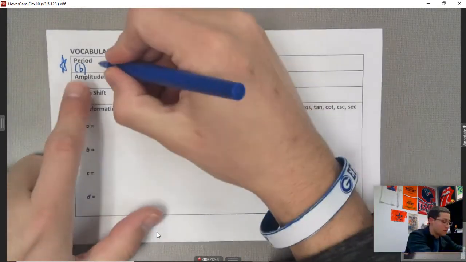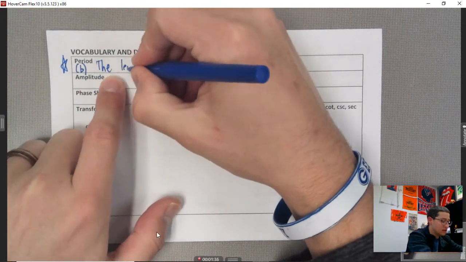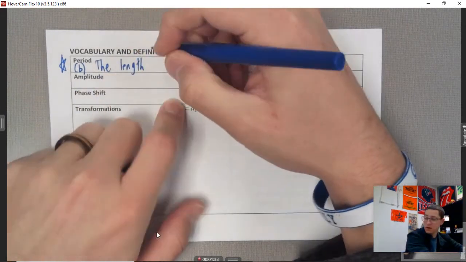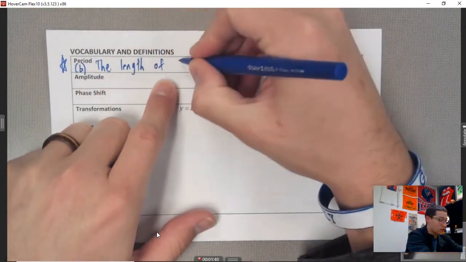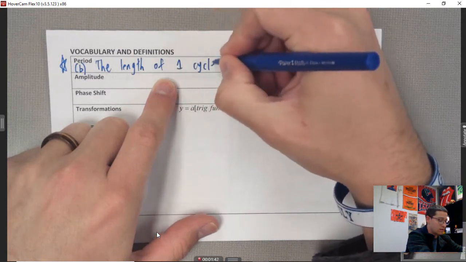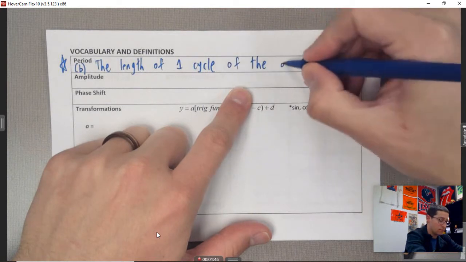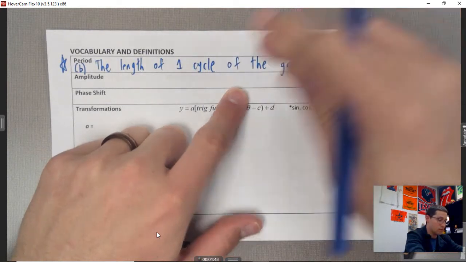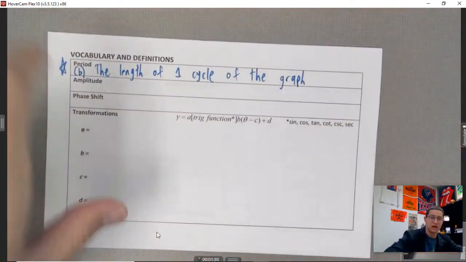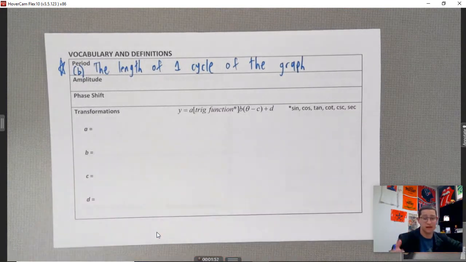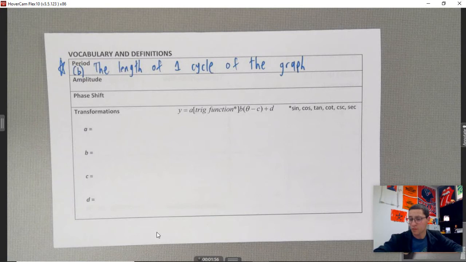This is the length of one cycle of the graph, and you will see what a cycle represents when we actually look at the parent function.